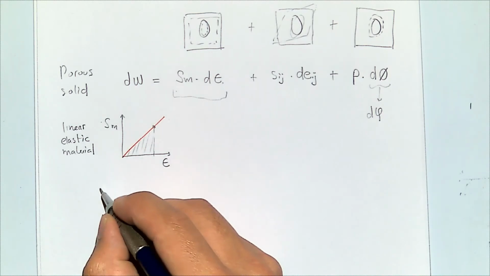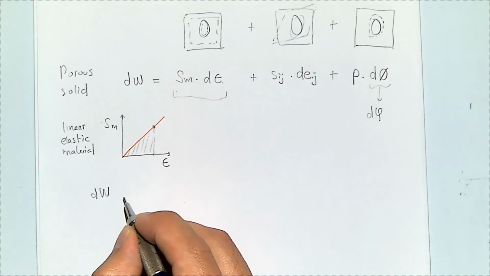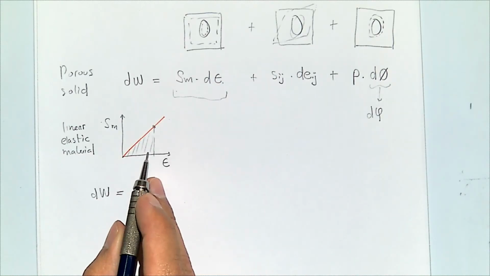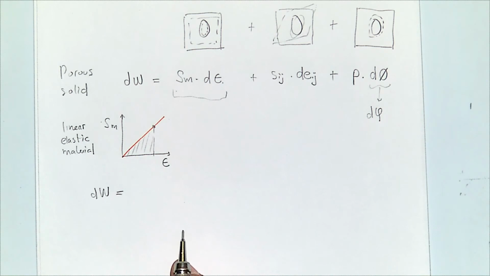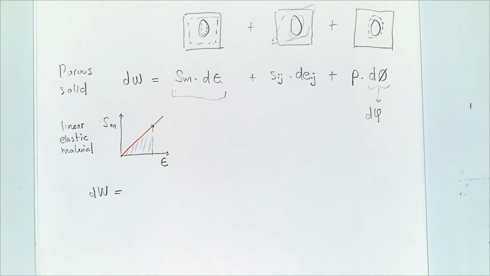So the work, let's call it dW, is going to be equal to this area. And that area is what?